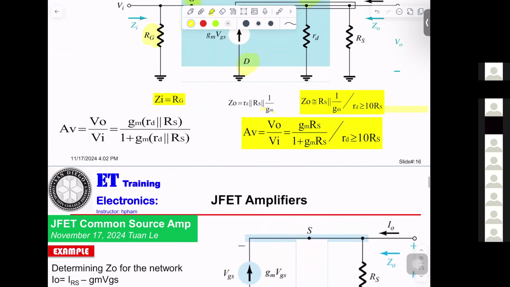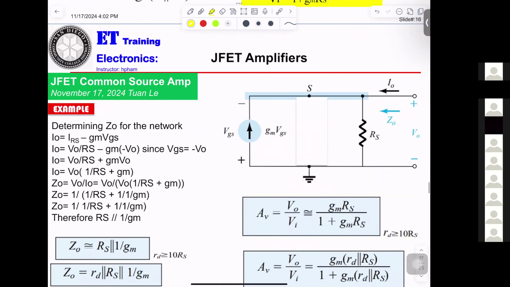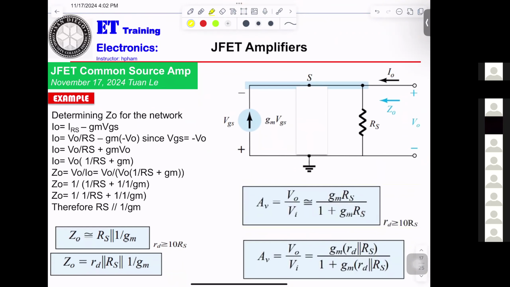This is just the calculation, and they already give you every formula here. Remember, when you apply the formula, anything you see RD, don't use it. Next time, I have to delete that.